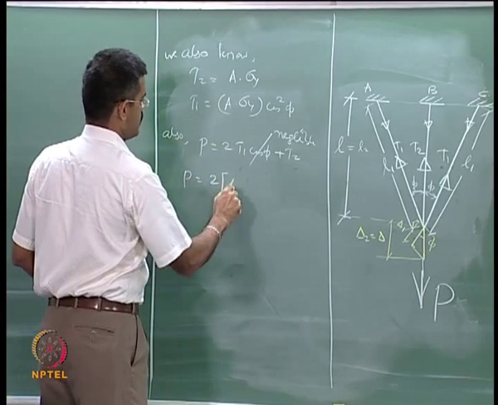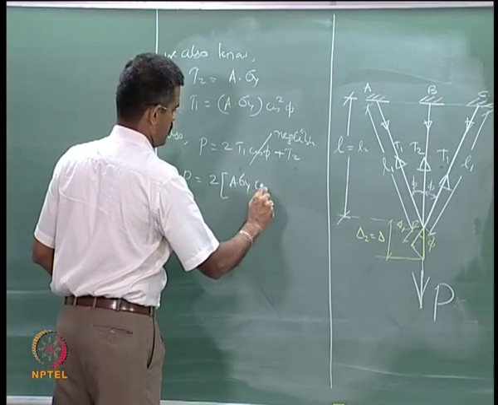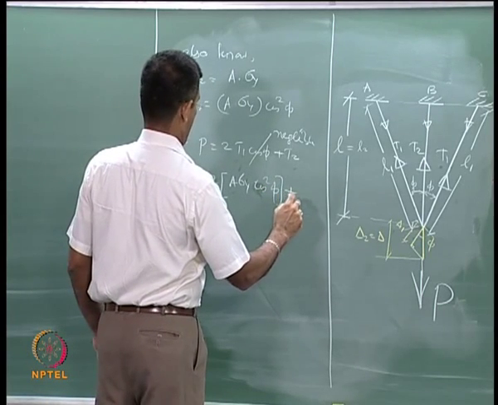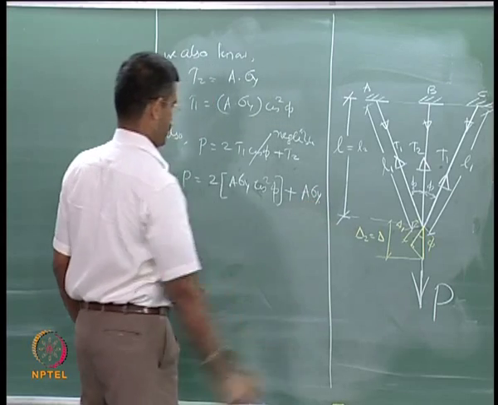P will become A sigma y cos square phi plus A sigma y.